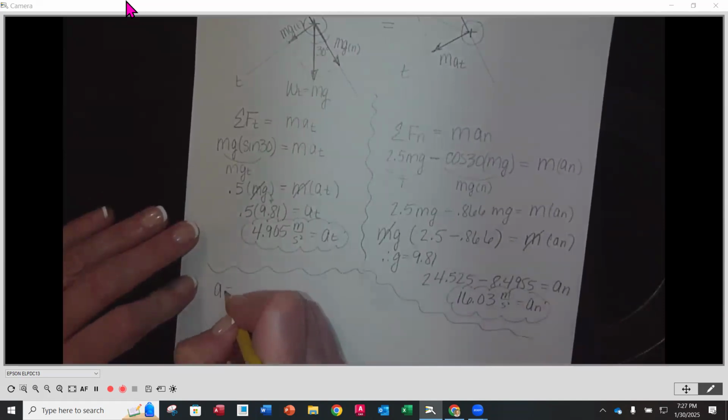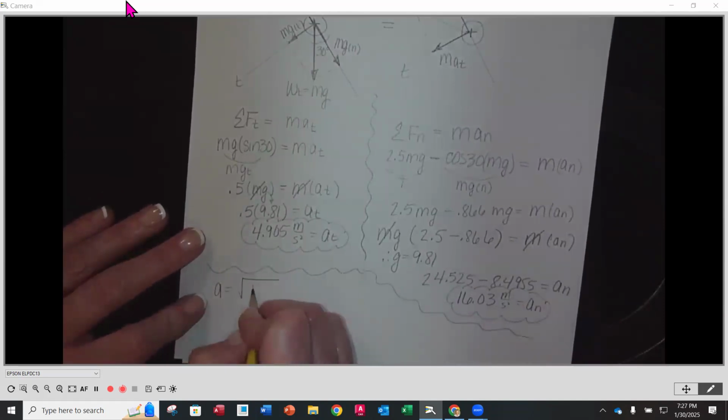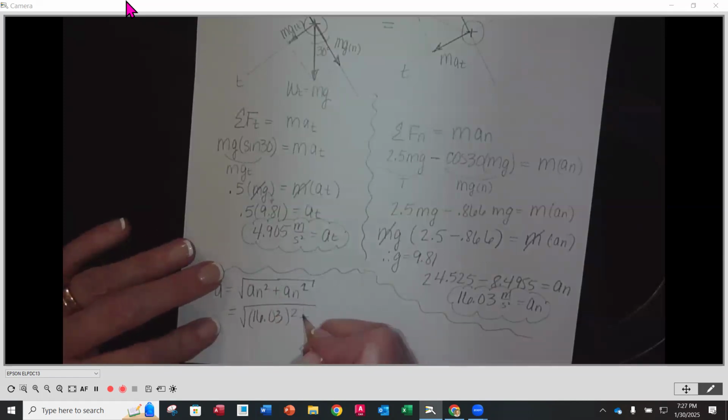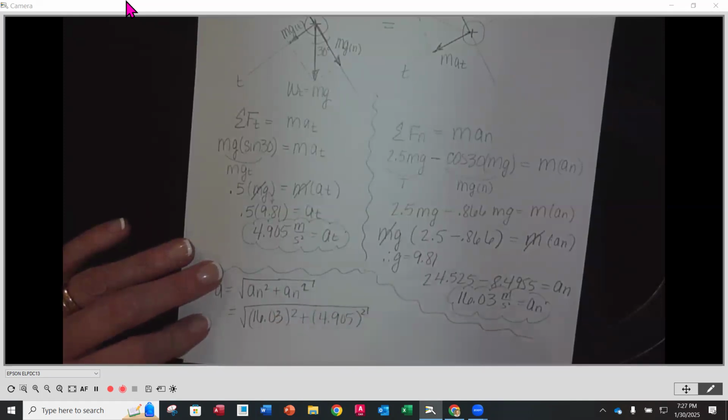So we know that acceleration is going to be equal to the square root of the normal squared plus the tangential component squared. So that is going to be the square root of 16.03, not going to put the units in, squared, plus 4.905 squared, right?